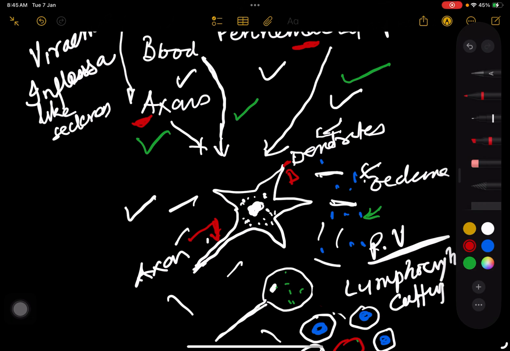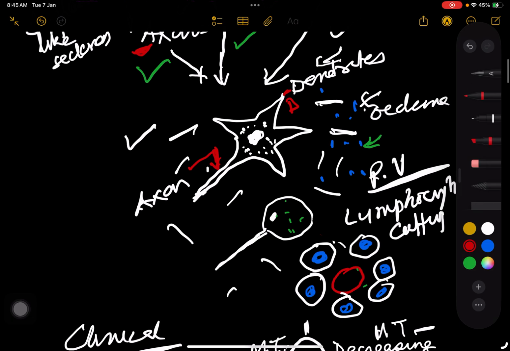What happens in polio is that the cell becomes round, the nucleus becomes pyknotic and peripheral, and the cytoplasm becomes clear but cloudy. This cell will finally die.